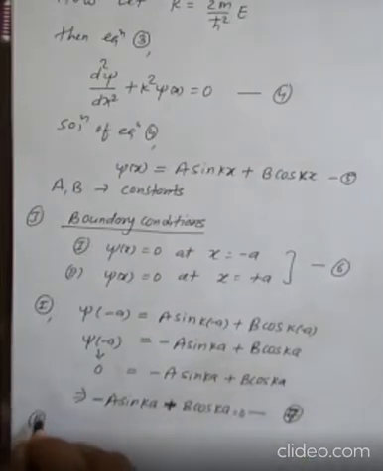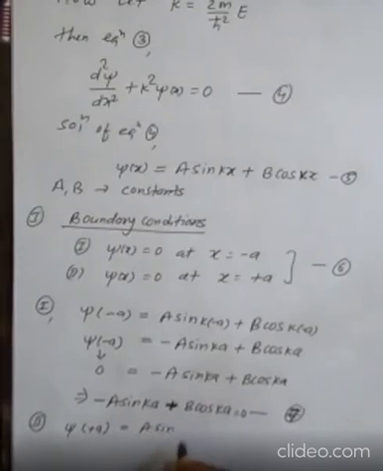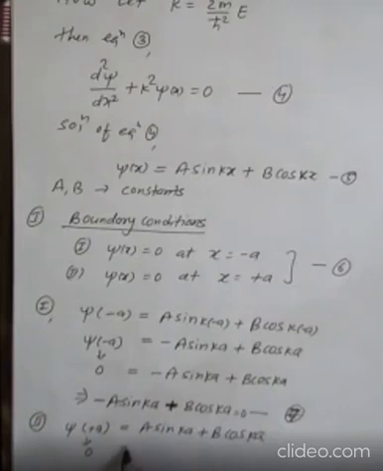And if I use the second boundary condition at x equal to plus a, then I will get A sin ka plus B cos ka, and this is 0. That's equation number 8.